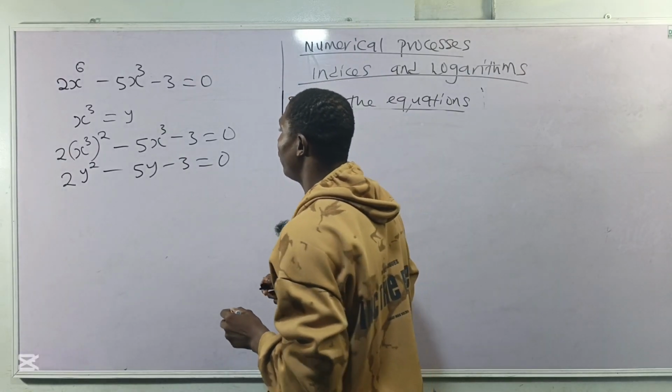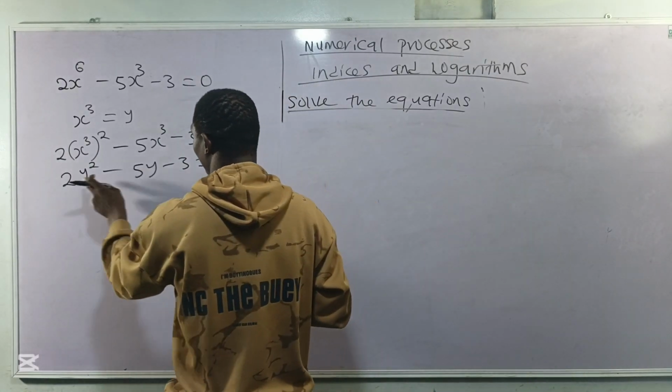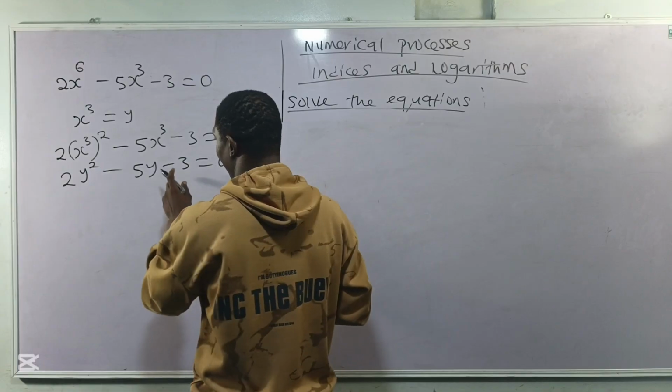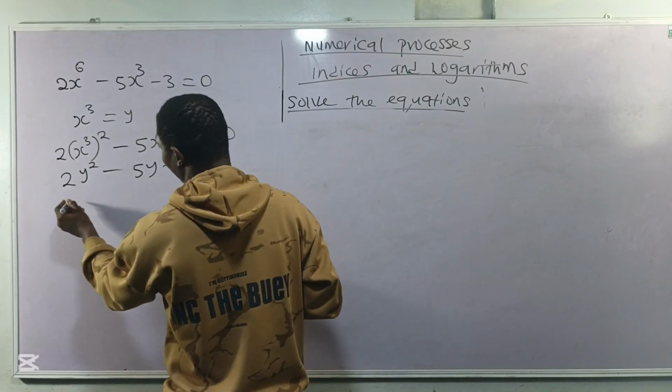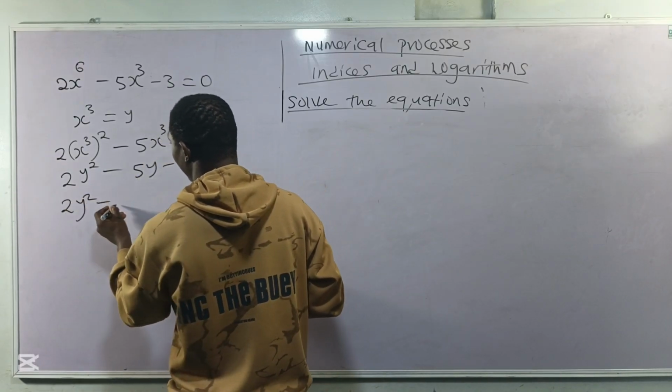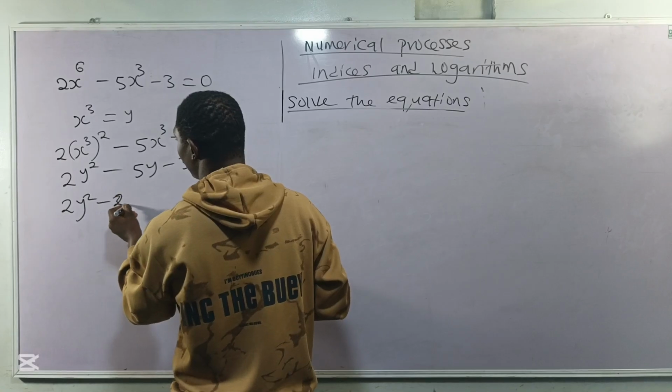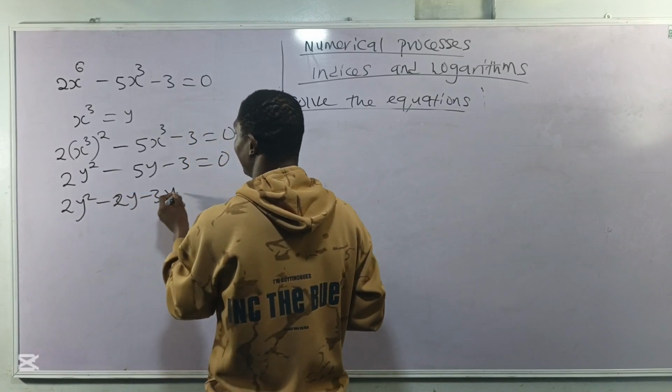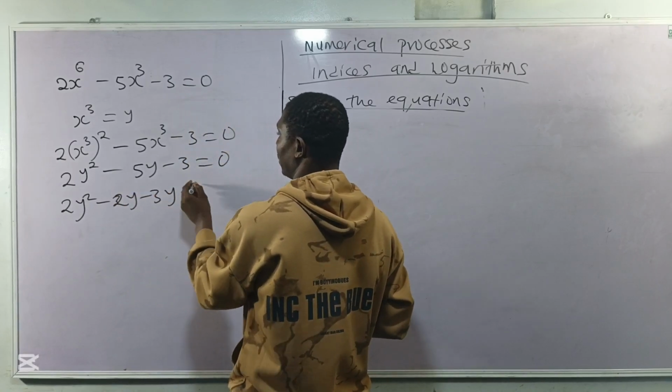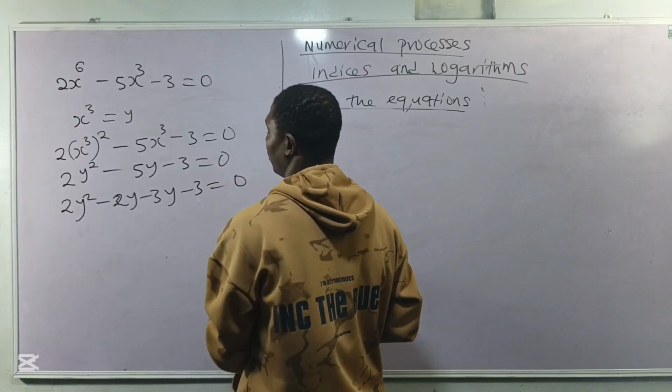Now I'll factorize. Minus 3 times 2 will give me minus 6, and minus 3 minus 2 will give me minus 5. So I'll use 2y squared minus 2y minus 3y minus 3 equal to 0.